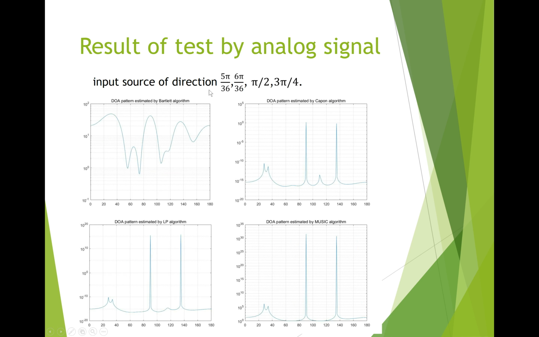And for the second input set, we can see that the Bartlett algorithm still cannot distinguish the first 2 angles because they are very close to each other, but the remaining algorithms can distinguish between them, down to pi over 36 degrees, and there are still some small peaks in the Capon algorithm and LP algorithm.